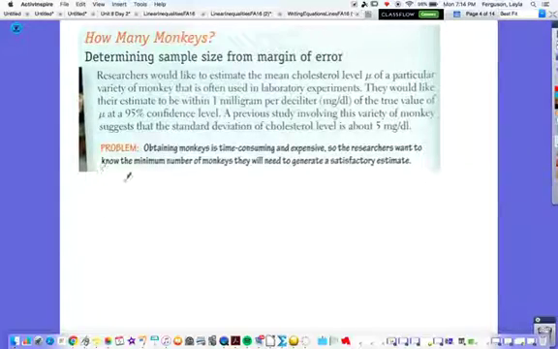Alright, so we are going to be using Z star times sigma over the square root of n has to be less than or equal to the margin of error. We are doing this for a 95% confidence level.